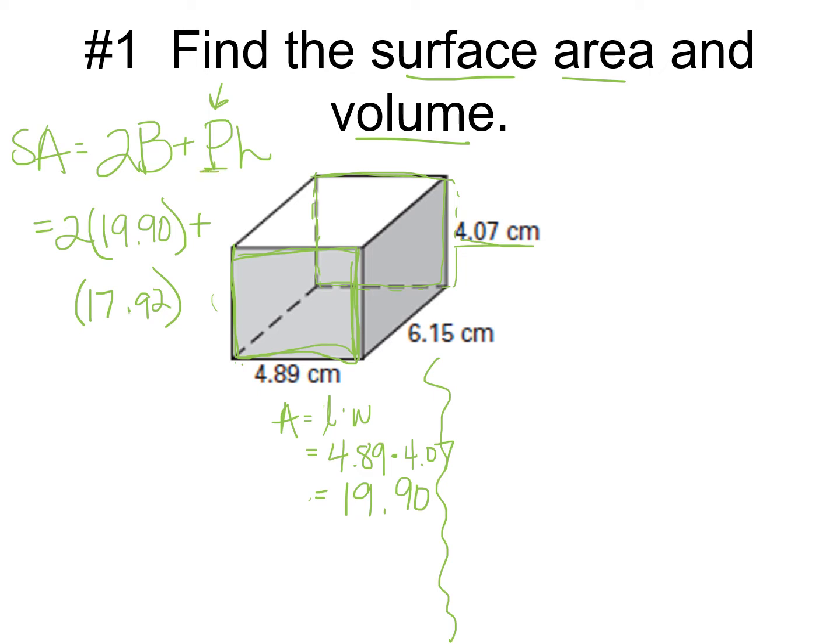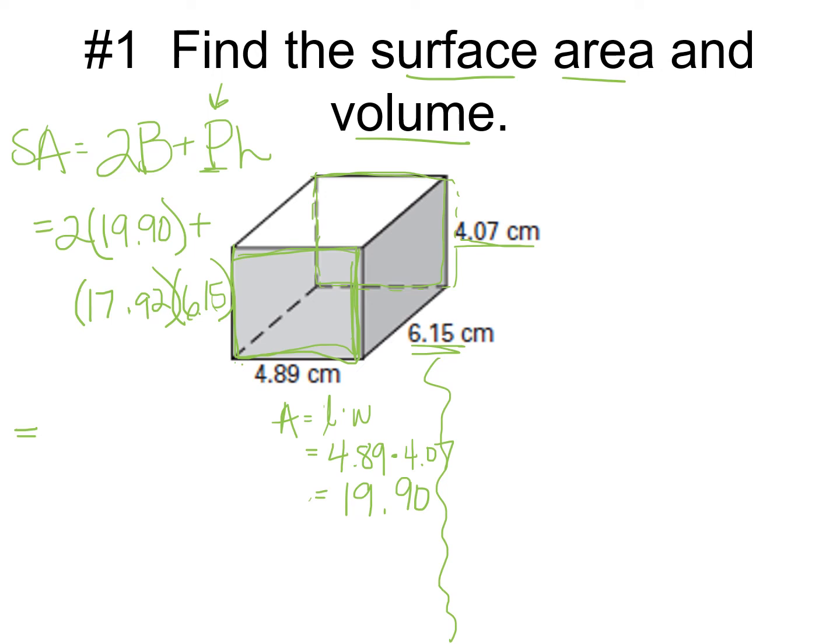The h then, again, that's going to be the height, and again, the height is between the two bases. So the only number I really haven't used yet is this 6.15. So the height is going to have to be 6.15. So now what I can do is, using parentheses, I can plug that all directly into my calculator.